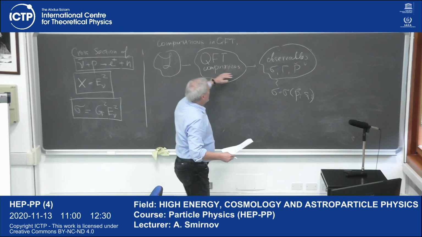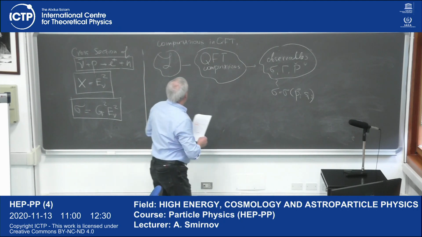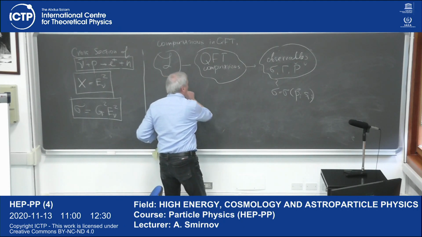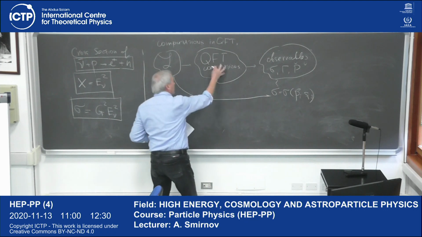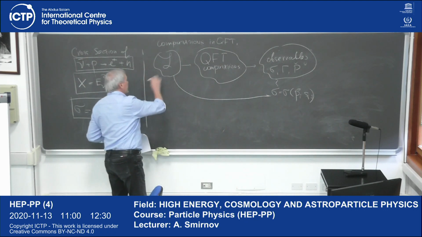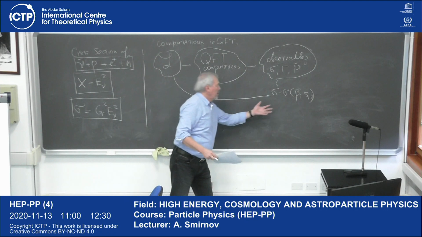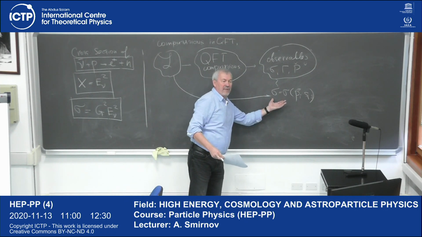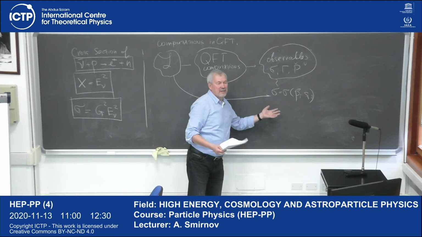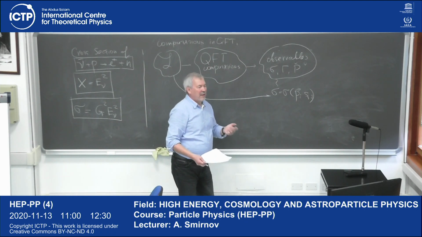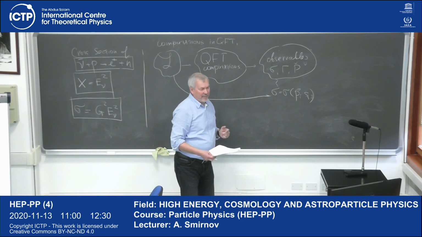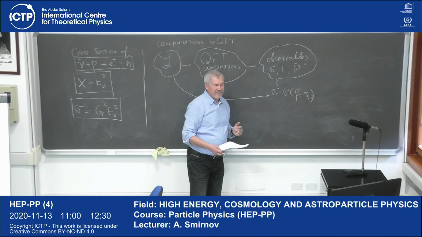So you can do this path, but you can also do a kind of straight path and try to compute without this intermediate step, starting from the Lagrangian, and you can get a final result. Because eventually your final result should be a function of energies and momenta and spin polarization, etc. Okay?